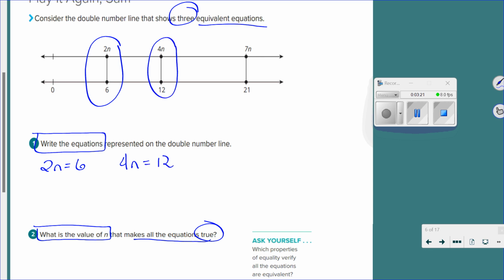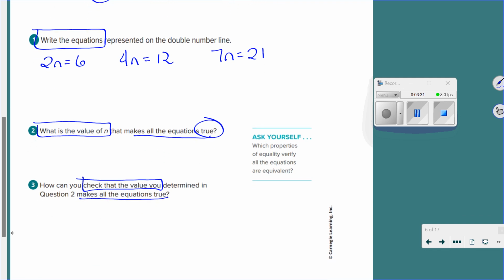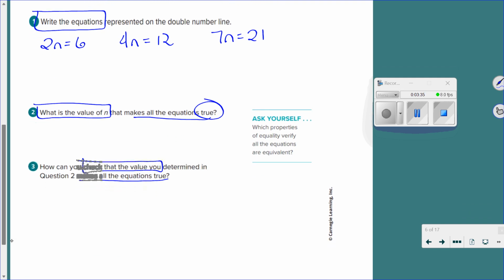And the last equation represented on the double number line? How about 21? All right, 7n equals 21. Let's talk about the values of n. 2 times what would give you 6? So n equals 3 for the first one. 4 times what equals 12? And 7 times what equals 21?